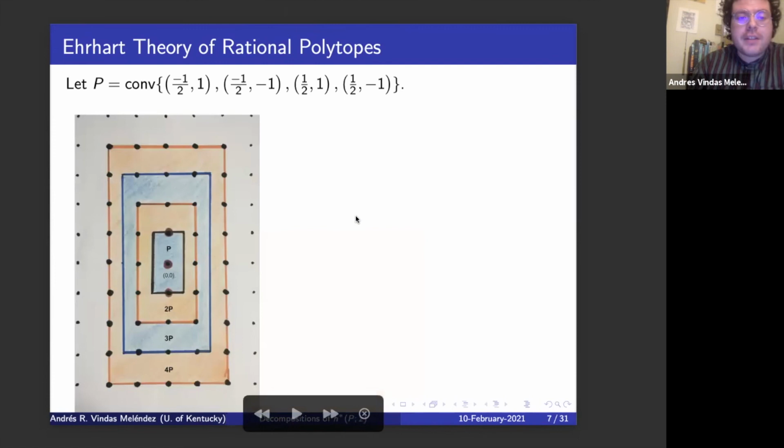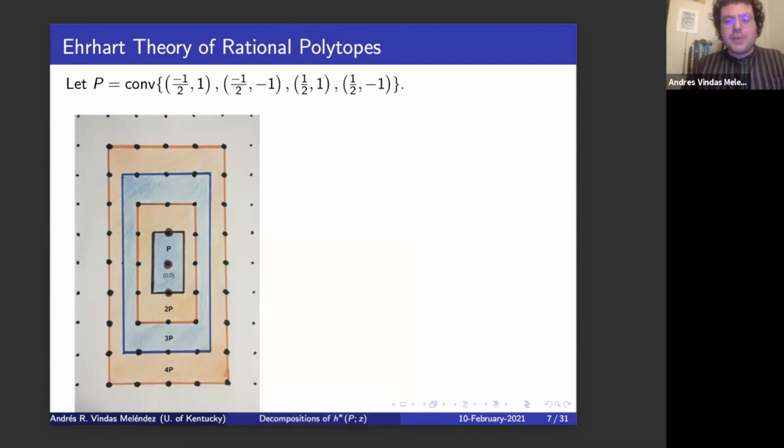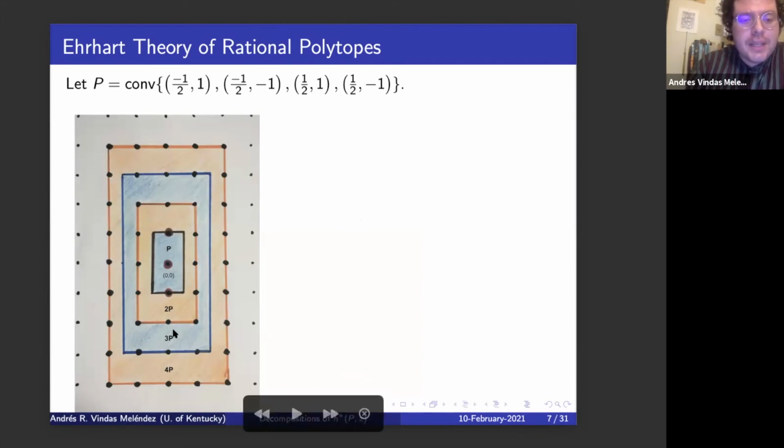And so in Ehrhart theory, we care about dilating the polytope. So we are going to dilate by integral factors. And so here's P, here's 2P, 3P, and 4P. And the lattice point enumerator is a quasi-polynomial. And so first, we note that this has period 2 or denominator 2. Again, the denominator is the least common multiple of all vertex coordinate denominators, so it should be 2.